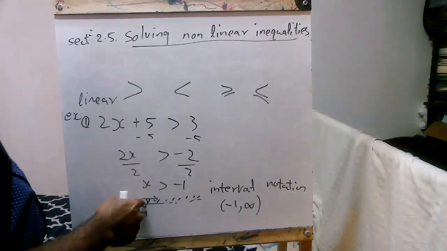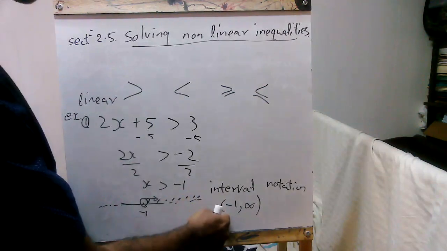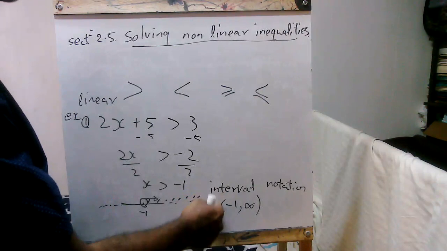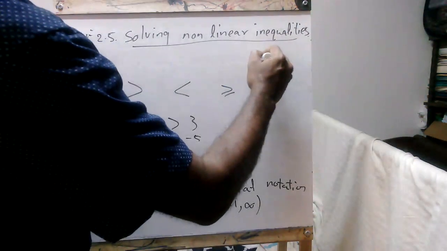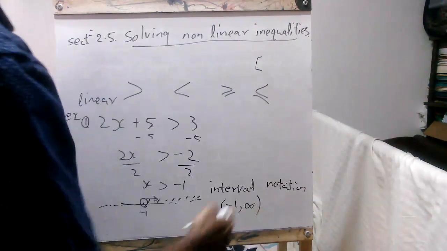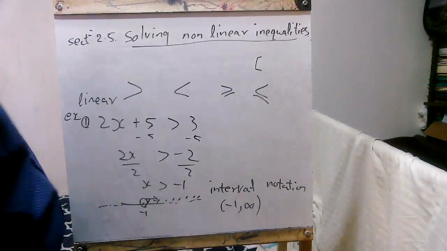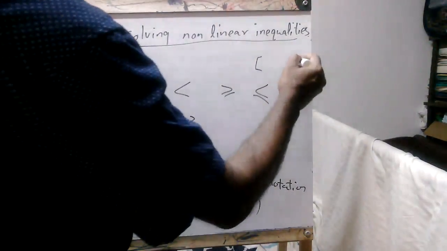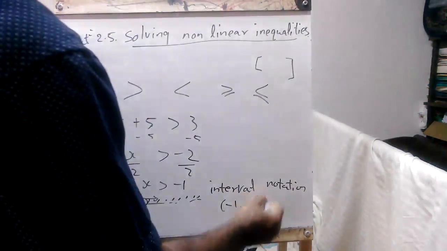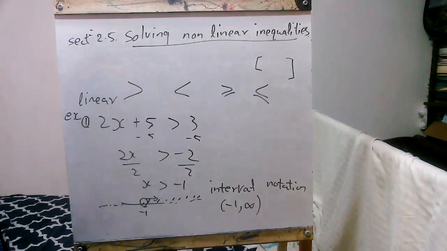You shouldn't shade this circle. Since it is not shaded, this should be a parenthesis, not a square bracket. On the other side it is going to infinity. Infinity is not a definite number, therefore you shouldn't use a square bracket. You have to use a parenthesis to indicate the indefinite number, infinity, right?